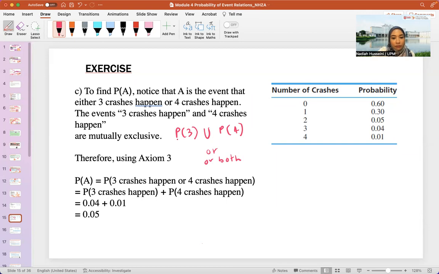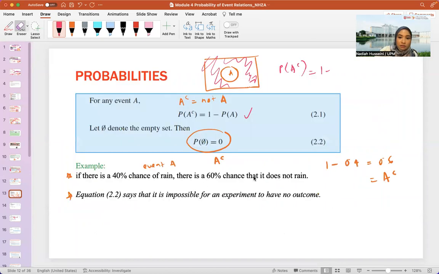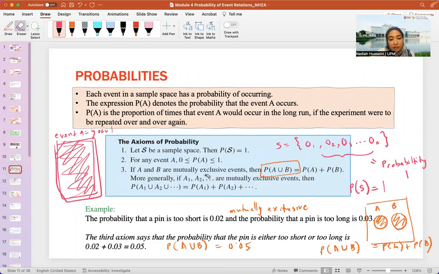The probability of event 3 crashes union with the probability of event 4 crashes, is actually P3 plus P4, even though we did not envision this as a union, right? Because they are mutually exclusive. But they can be a union even though they are mutually exclusive, and that is what axiom number 3 is for.